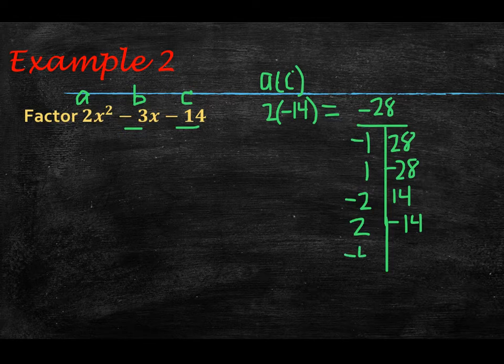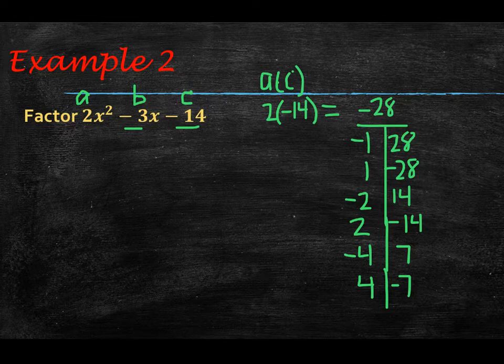So we'd have negative 4 and positive 7, or 4 and negative 7. And then we go to 5, 6, neither one of those works, and that brings us back to 7. And so we've already got the 7 times 4. So these are our factors.